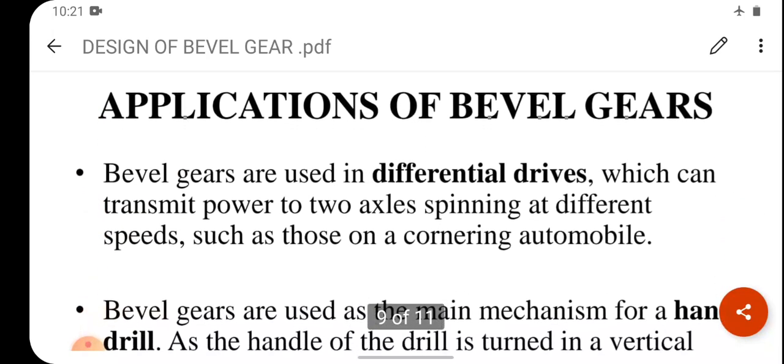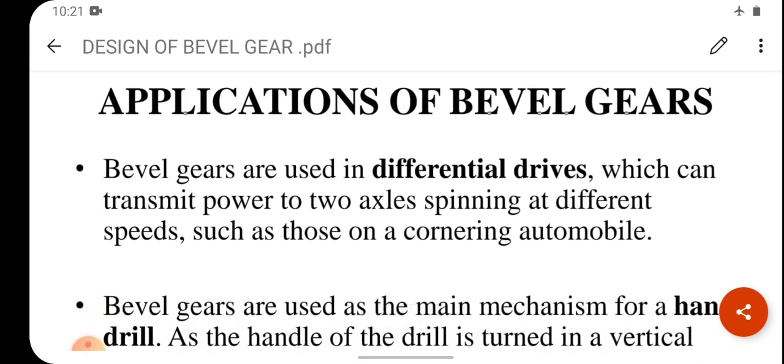Now we will discuss applications of bevel gears. Where bevel gears are used. Bevel gears are used in differential drive. You know the differential drive? Differential drive is nothing but a differential mechanism which is mounted on, you have seen in the back of the trucks and buses, there is a differential box type on which some figures are depicted.